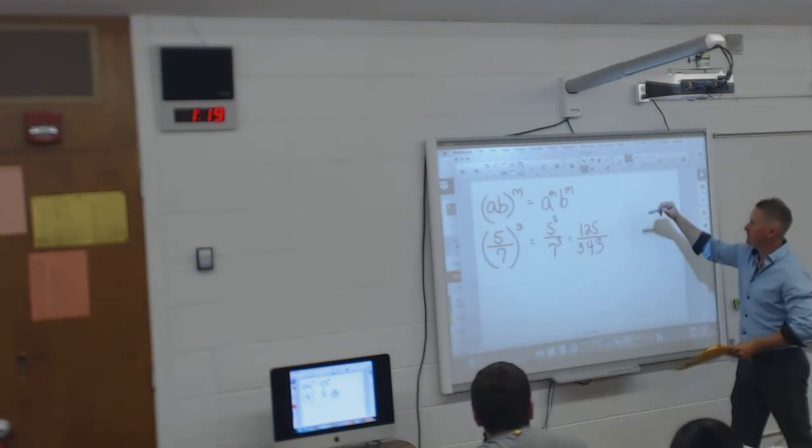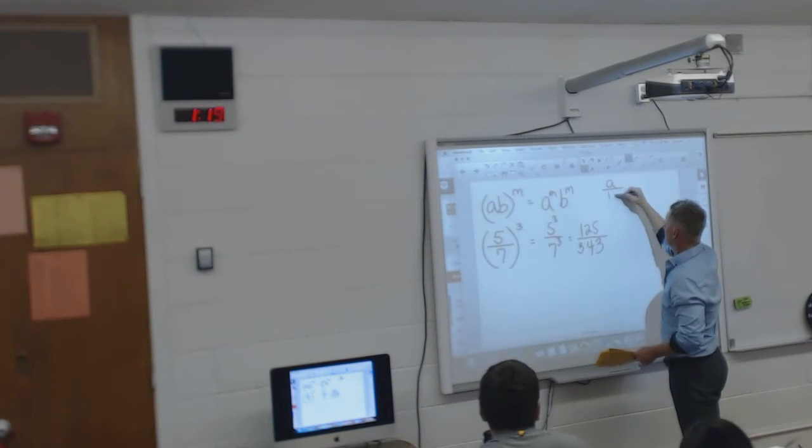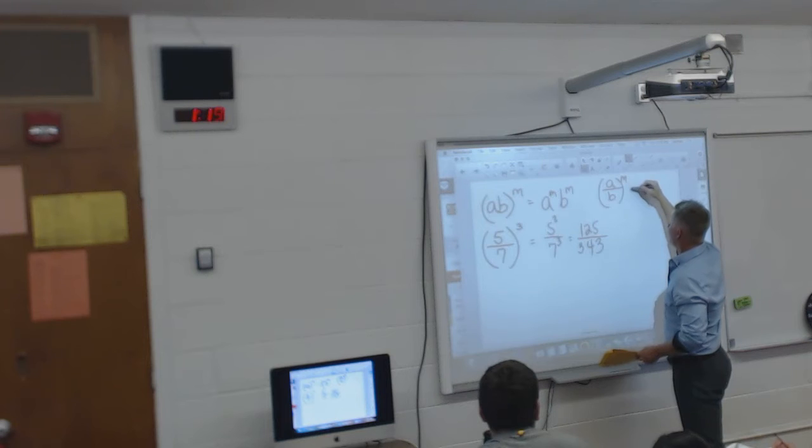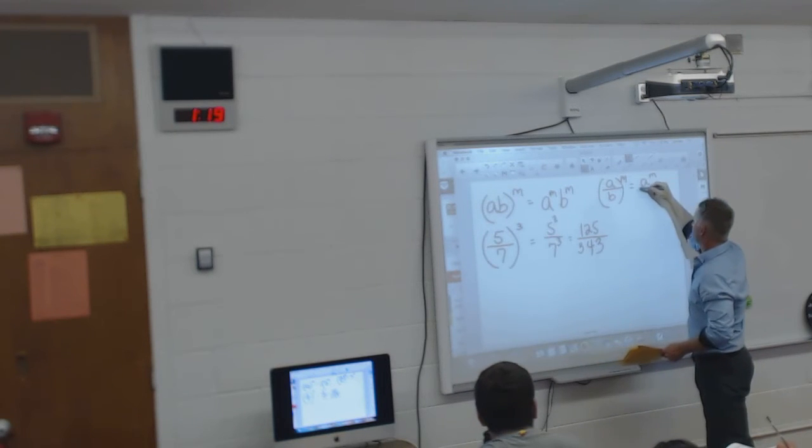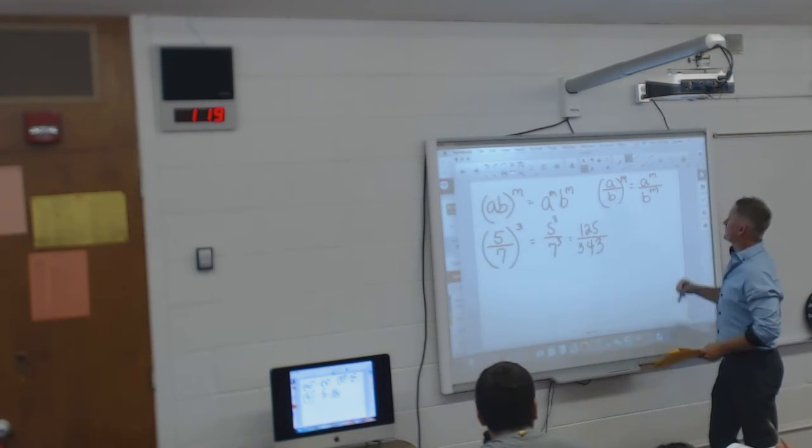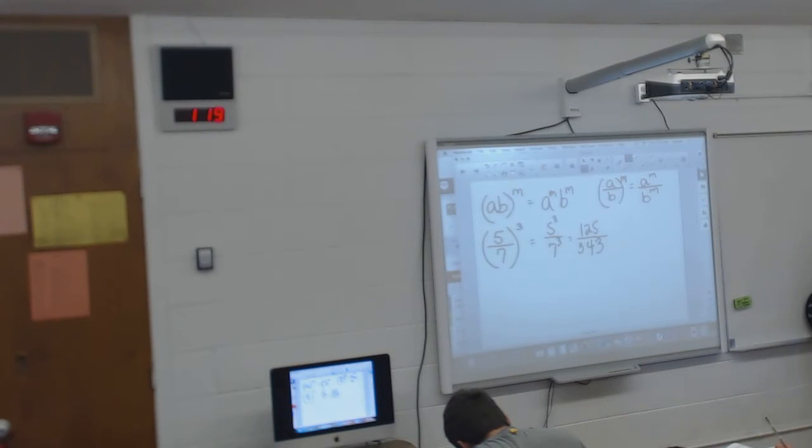So that leads us into today's rule as well. Simply get rid of your brackets and put the exponent on everything inside the brackets. And it's going to get complicated, trust me.